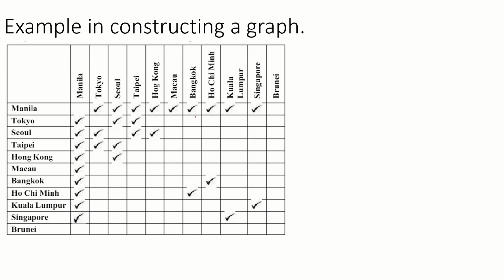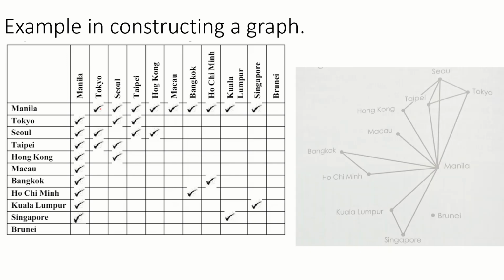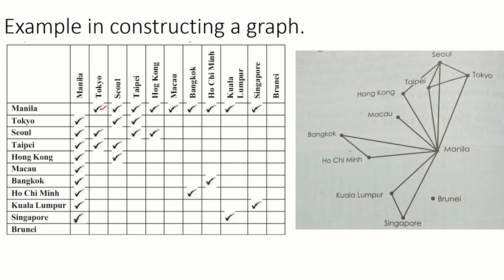So say for example, we have here Manila. Manila has a direct flight to Tokyo. So this one to Tokyo. Next, we have to Seoul. We have to Taipei.